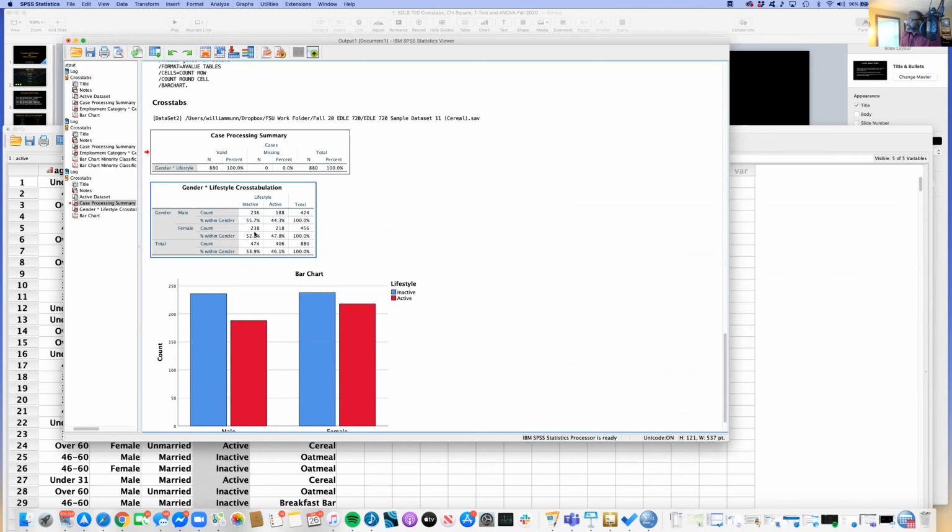The percentage is right there for us, and we can see at a glance, relative to the distribution of gender in this data set, how many people are inactive in each group and how many are active. And so we see that in this data set folks are a little more inactive than they are active, and that's understandable.